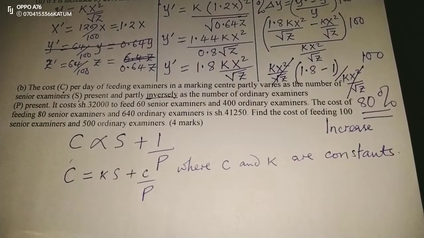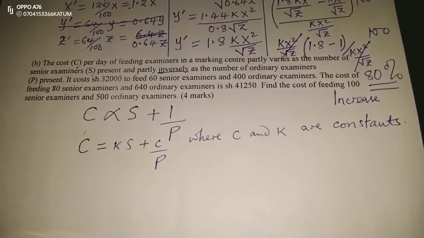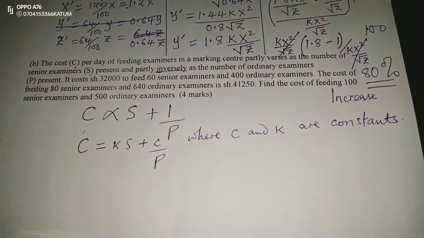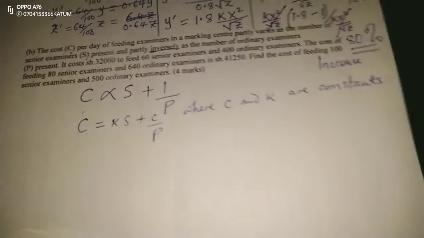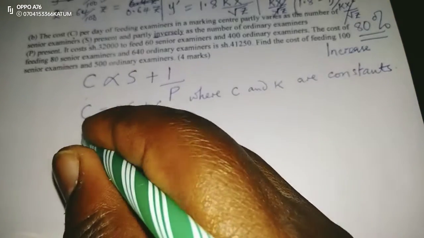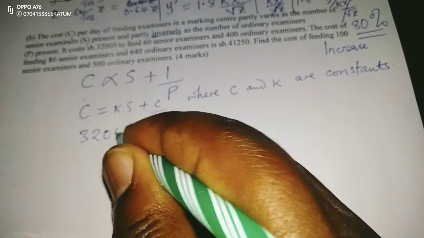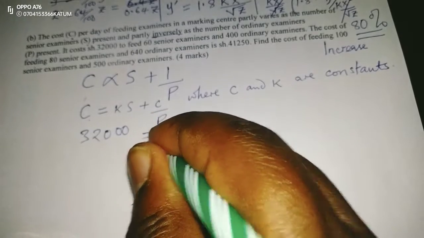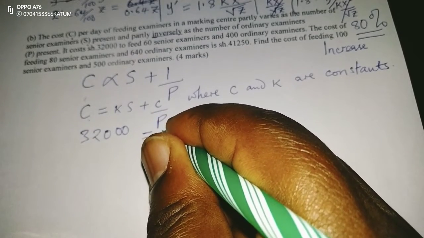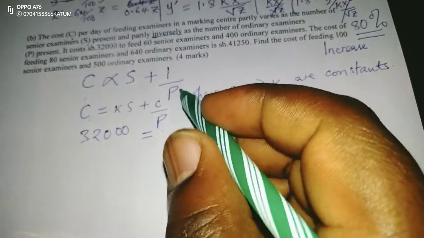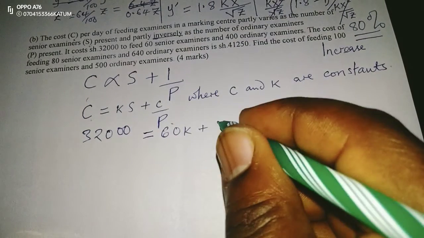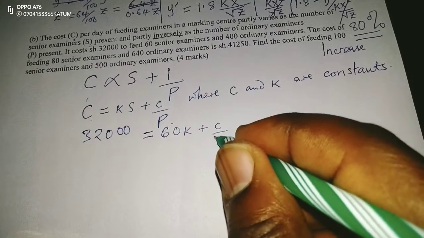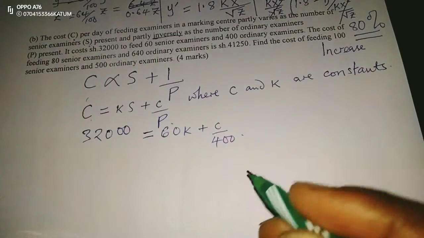We can find the value of these constants by saying that now that C is known to be 32,000, this is equal to constant K times 30 senior. So 30K plus C out of when 400 ordinary are there.